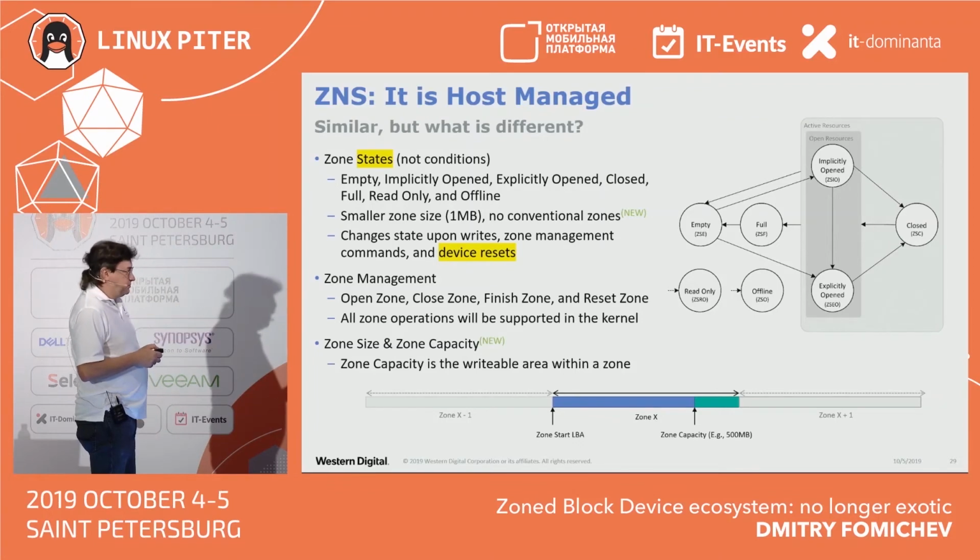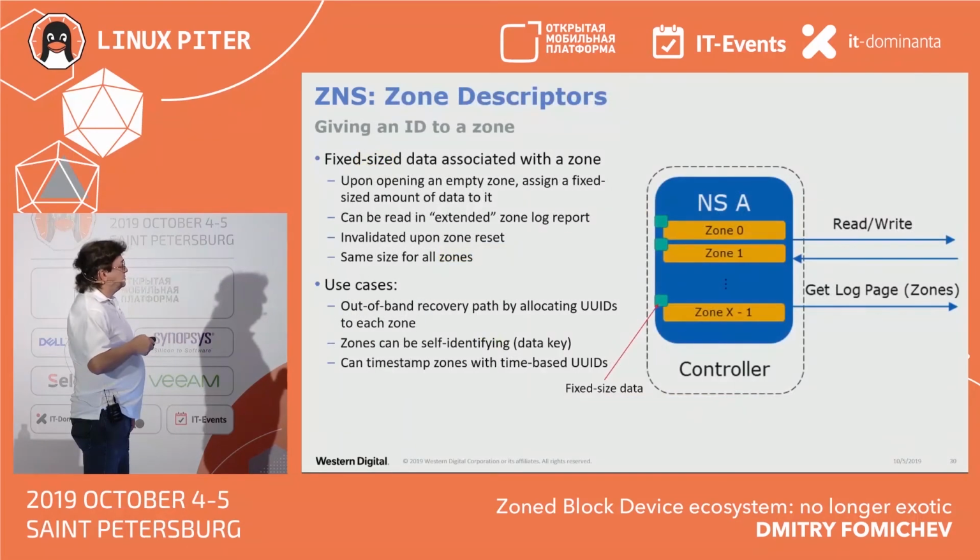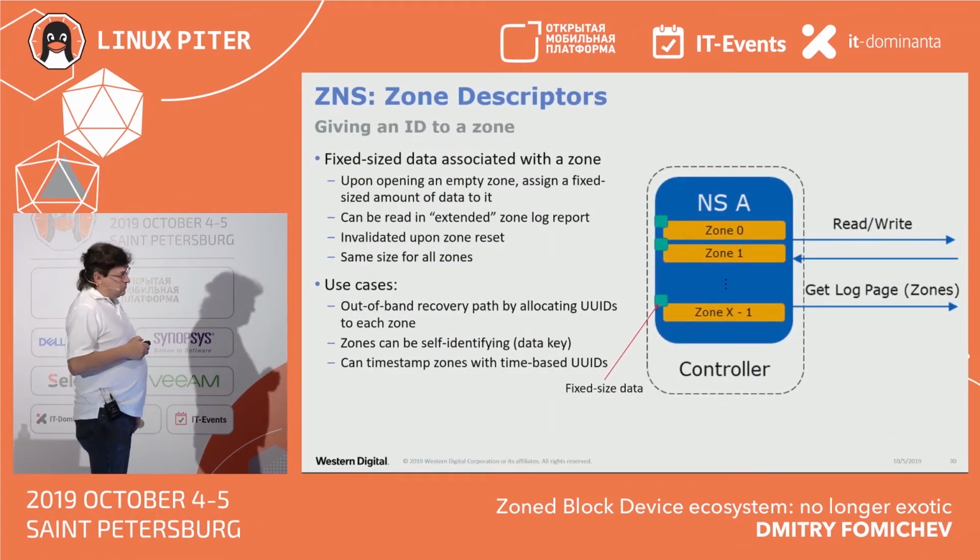Yeah, so this is pretty much all the same, except zone size and capacity. Writable capacity can be less than zone size, which allows a lot of flexibility with SSDs. Also, zone descriptors.